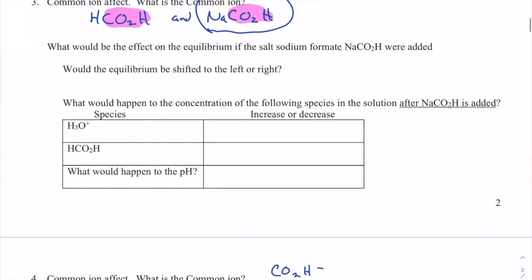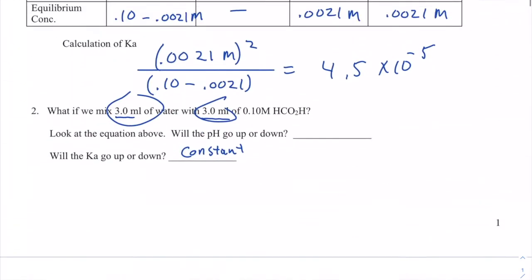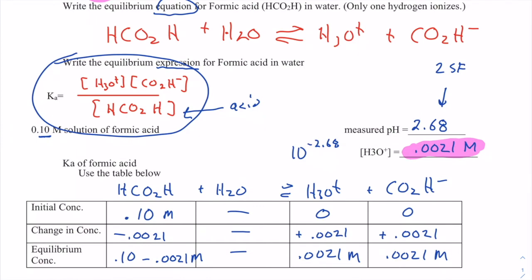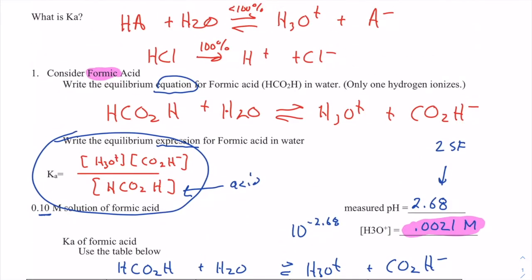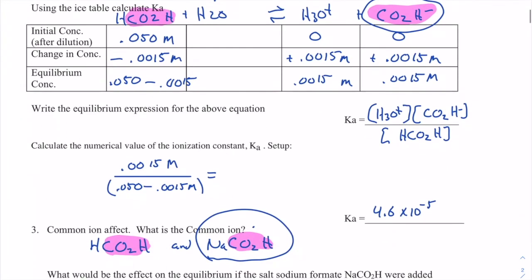That pH is higher. What does that mean? So the pH went up from just having the acid by itself. So that means that the equilibrium shifted to the left.